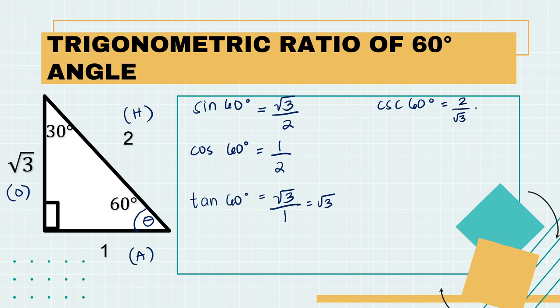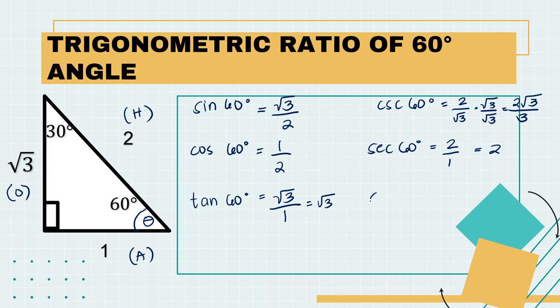And if we rationalize this, we will get 2 times square root of 3 is 2 square root of 3 over square root of 3 times square root of 3. That would be 3. And then next is the secant 60 degrees is equal to 2 over 1, which is equal to 2.